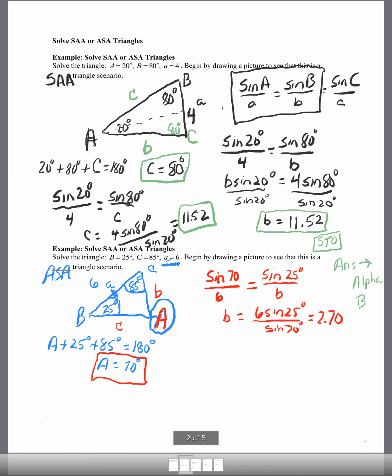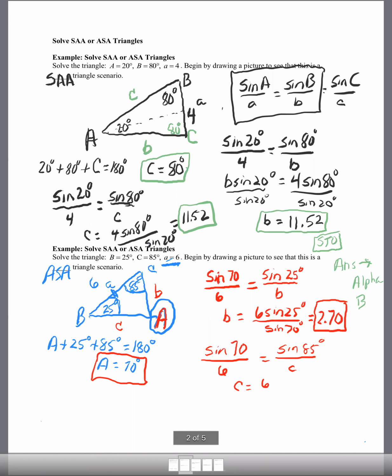Now I want to find side C. Side C, I can start off the same way that I did for side B. Use the 70-degree angle, which was across from the given value of 6. This time I'm going to use the sine of 85, and that's going to find me the value of C. Cross multiply again.